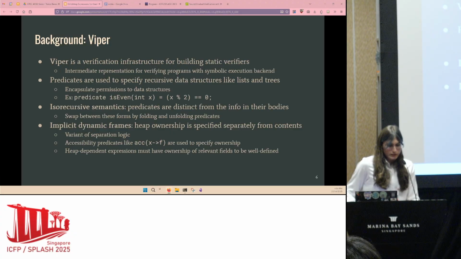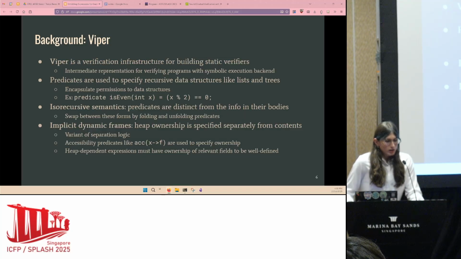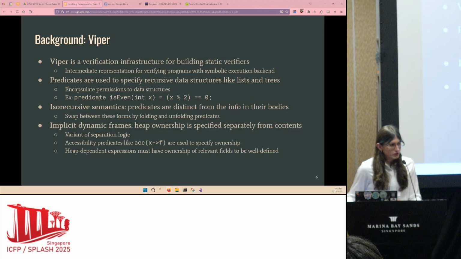In Viper, we use recursive predicates to specify our data structures and encapsulate ownership over these data structures. For example, these can just hold arbitrary facts, like this even predicate, where we check whether an integer is even. We'll get some more complicated examples that interact with ownership in the next couple of slides. One important thing to note about these predicates is that they are interpreted using isorecursive semantics, which means that an instance of the predicate is different from the information we have inside its body, which makes it difficult to reason about ownership when your accessibility predicates are contained inside other user-defined predicates.